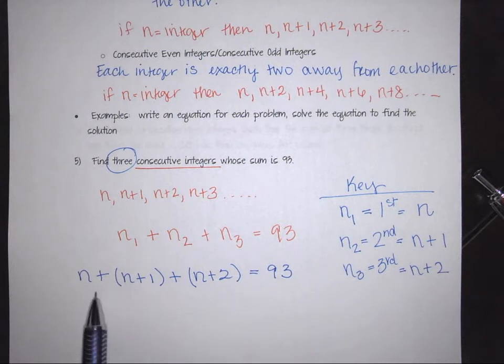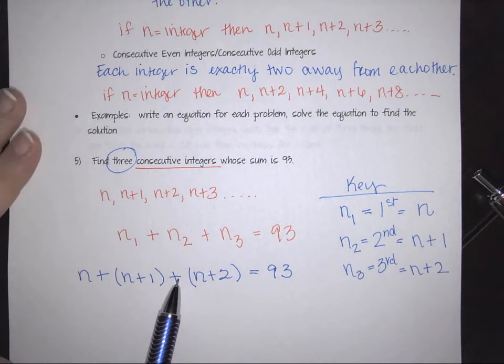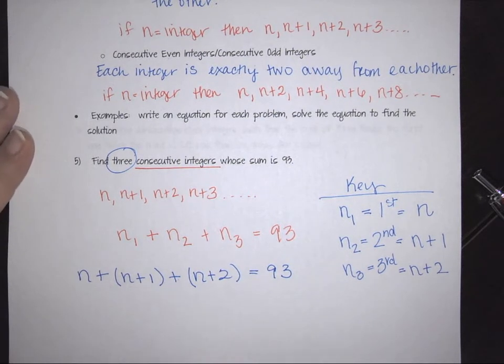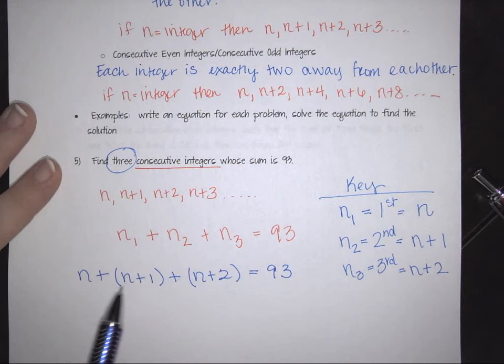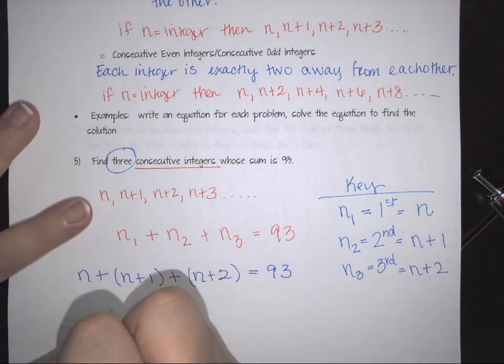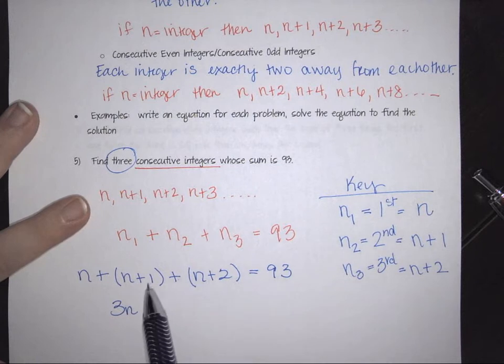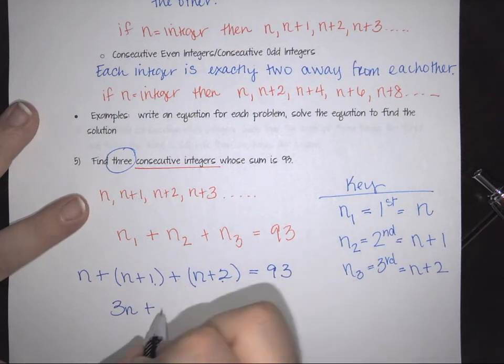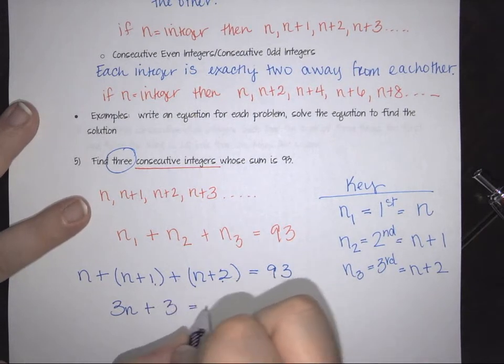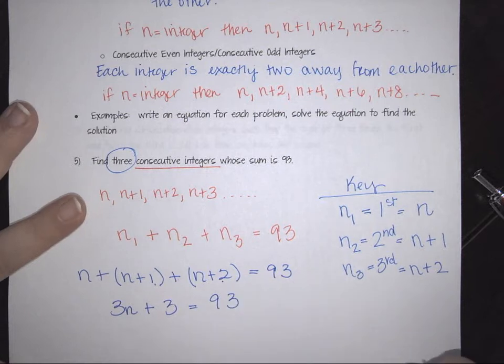If we look at it, everything outside the parentheses is plus, so the parentheses essentially drop away. And so I have 1, 2, 3 n's. So this becomes 3n plus, and I have 1 plus 2 is 3, equals 93. Solve for n.